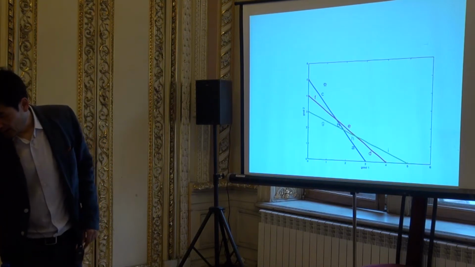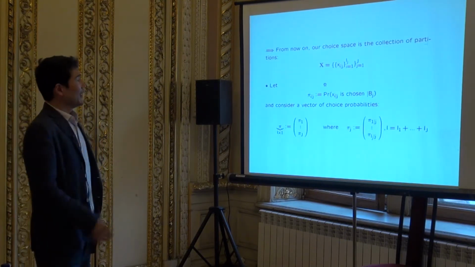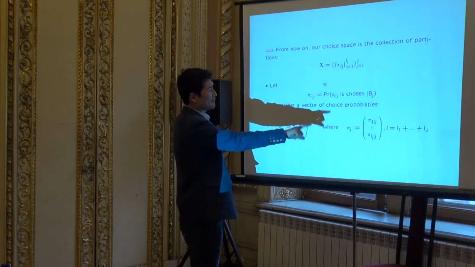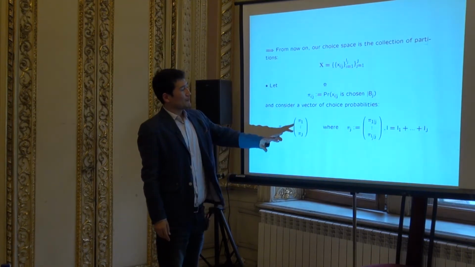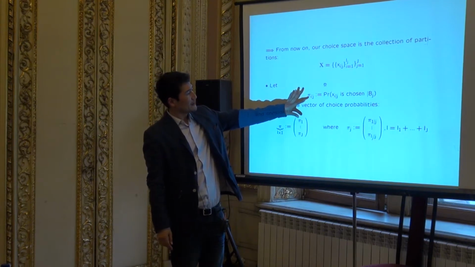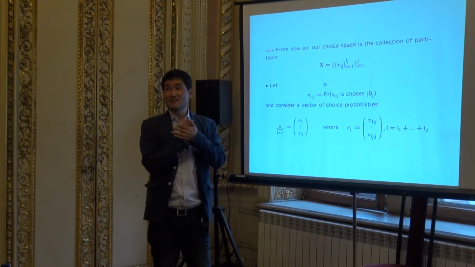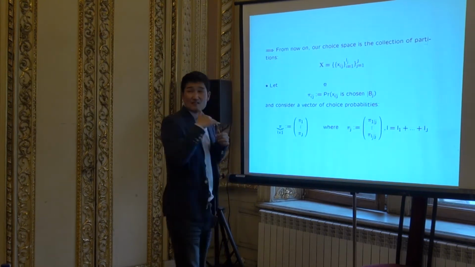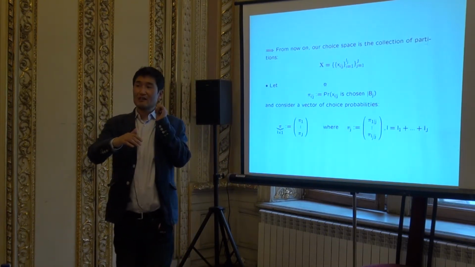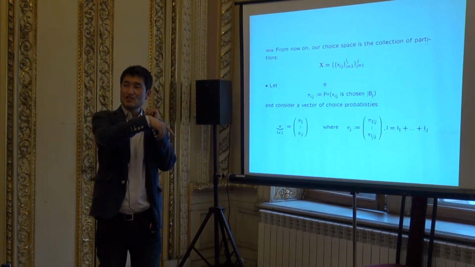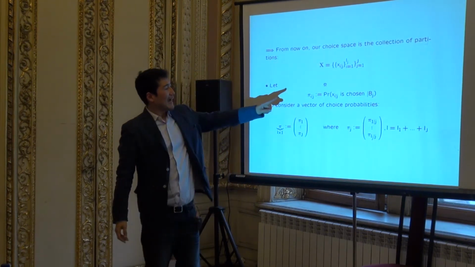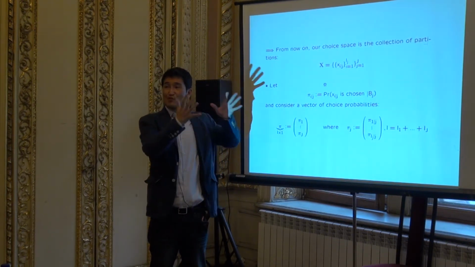Again, you shouldn't worry about the notation. What I'm doing here is that, remember, everything is now discretized. So this J represents the budget line. In the previous picture, it was red, green, and blue. So let's say J is red, and I represents each patch.